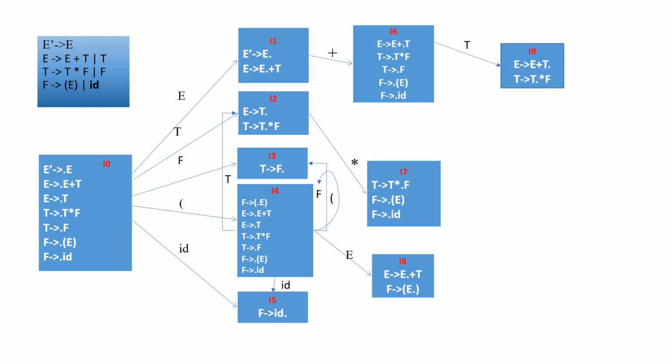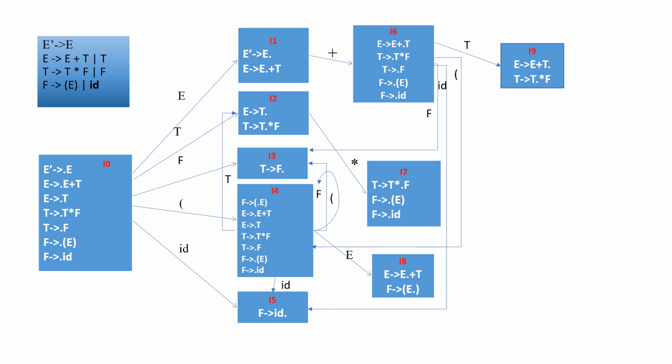Next for I5, do we have to find out any transition for I5? No. So let us come to I6. On seeing T, it becomes final item. So we have one more, right? Okay, that is T derives T dot star F. On seeing F, transition to I3. On seeing open bracket, what happens? It will produce the same thing, right? State I4.